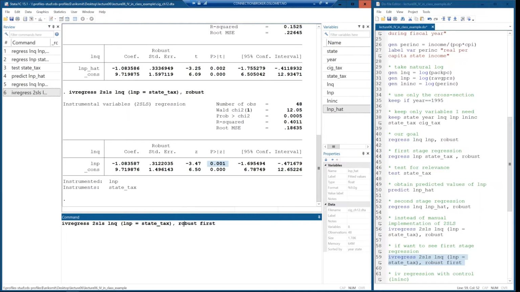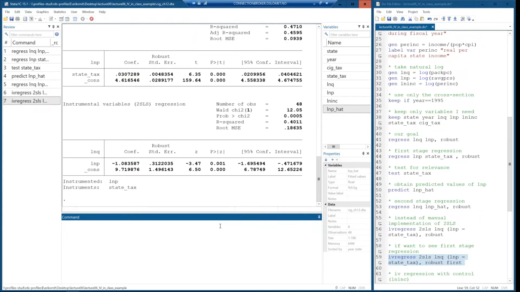And we want the robust standard errors, the heteroscedasticity robust standard errors, and we would like to show the first stage regression results.